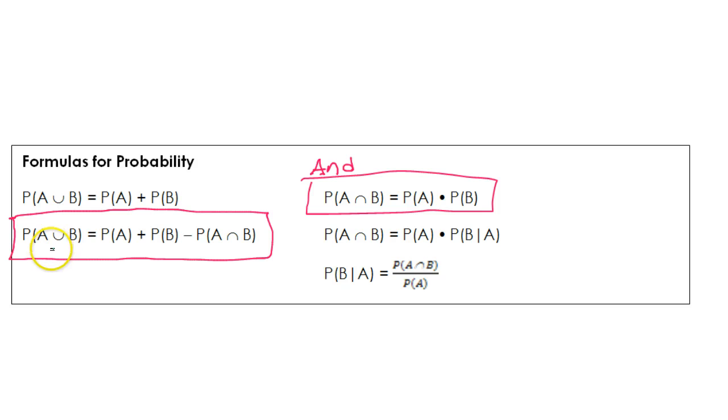And then we have a formula for the probability of A or B. It's the sum of the 2 probabilities minus the overlap. These other formulas that I didn't highlight are just variations on the 2 formulas that I did highlight. This is the one we'll do for and, and of course this is for or.